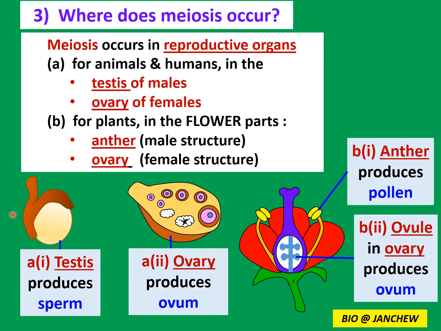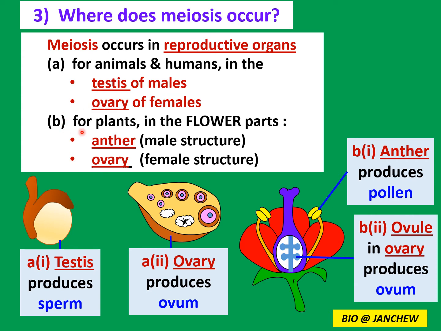Now we've studied the definition for meiosis, and we have also discussed the basic process that occurs in meiosis. Let's go on to talk about the site or the location of meiosis. So where does meiosis occur? Meiosis occurs in reproductive organs of animals and humans, that is, in the testes of males and the ovaries of females.